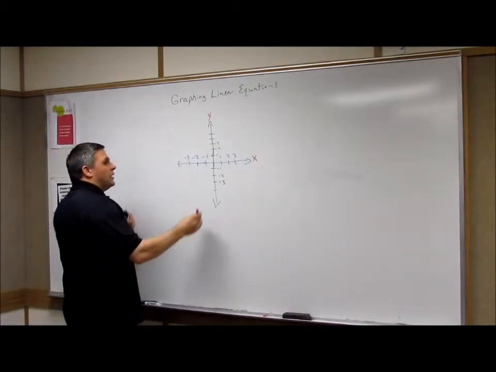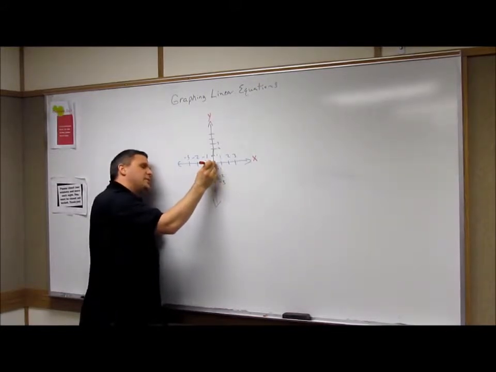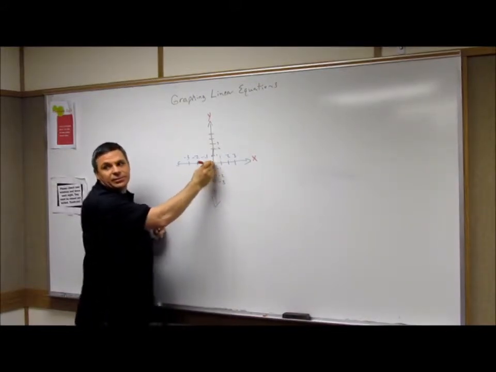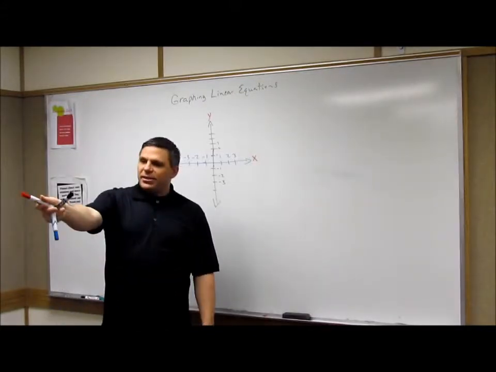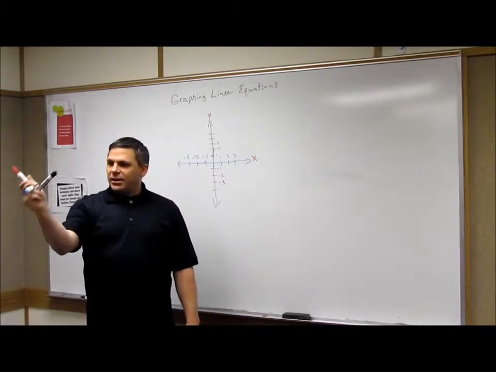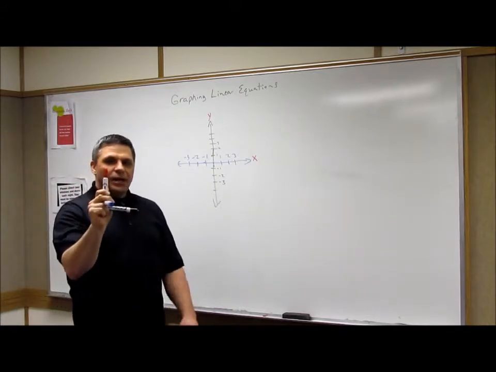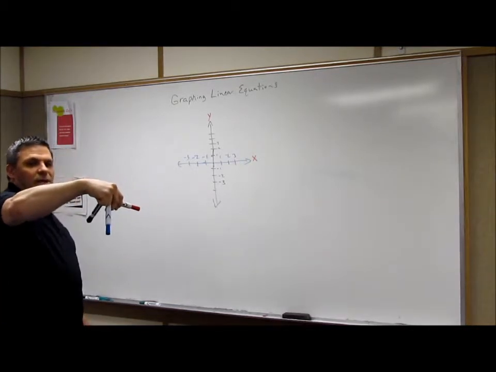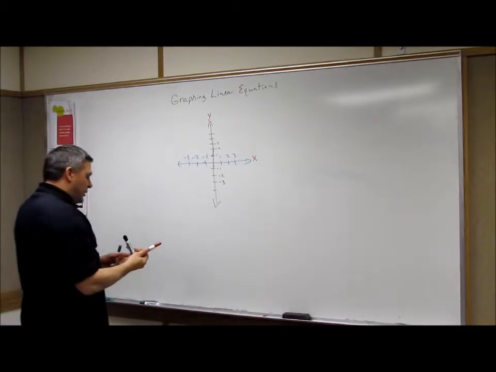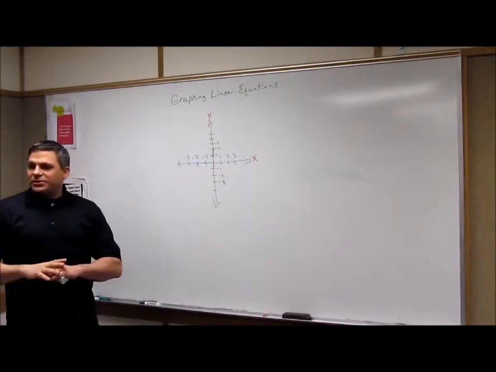Later on, you may learn about z, which is an axis perpendicular to both of these, a third axis that comes straight out at you. When you graph a 3-dimensional graph, it would look like this on the board. But right now we're just going to worry about two.